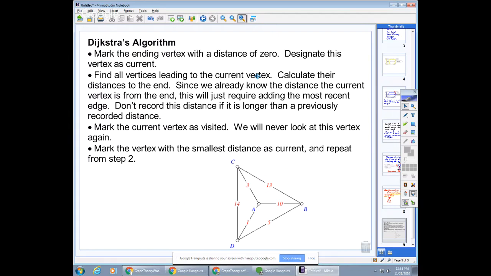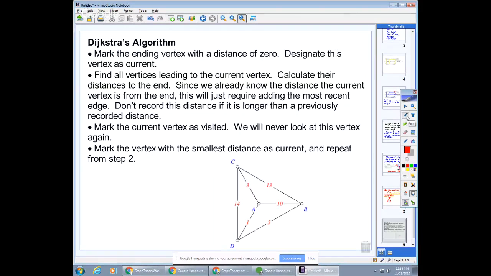No, we can do it. All right, and we'll do a more complicated one. So it says pick your ending vertex, and then find all vertices leading to that vertex and calculate the end distance. So the first part is kind of ridiculously easy. Why did we even write a step for that?